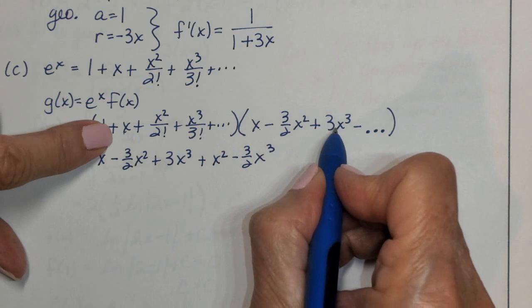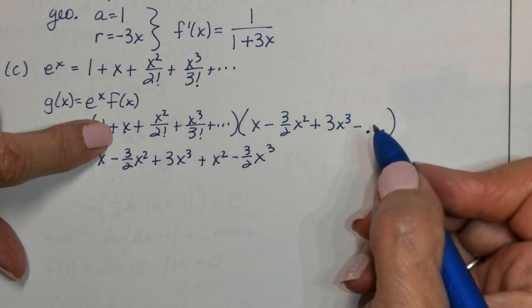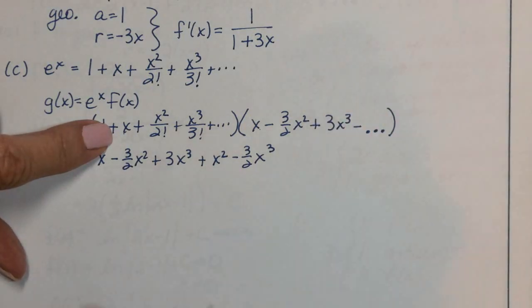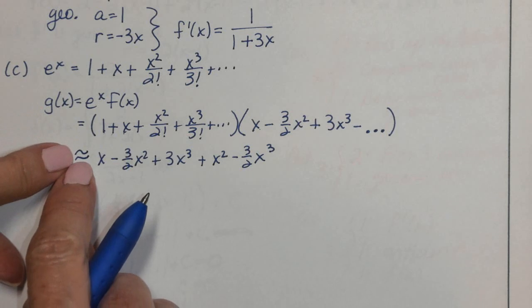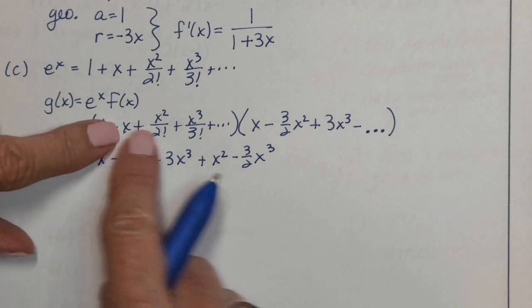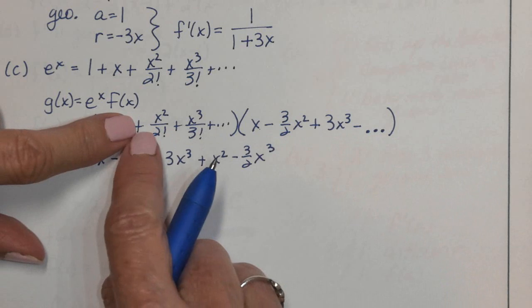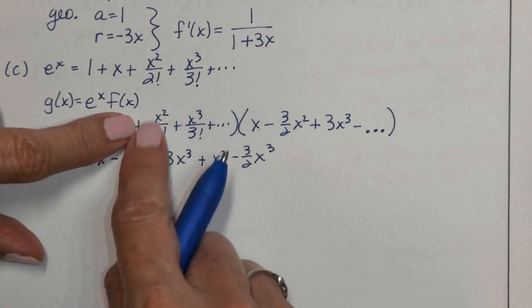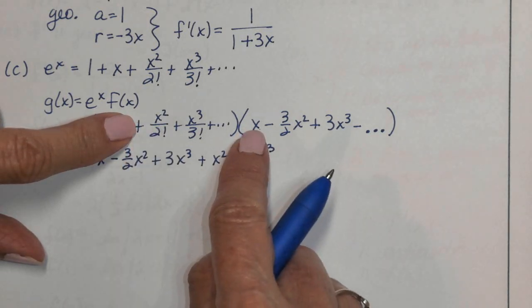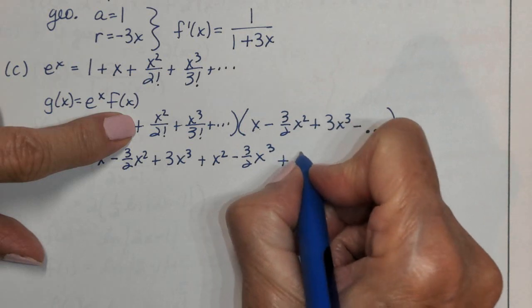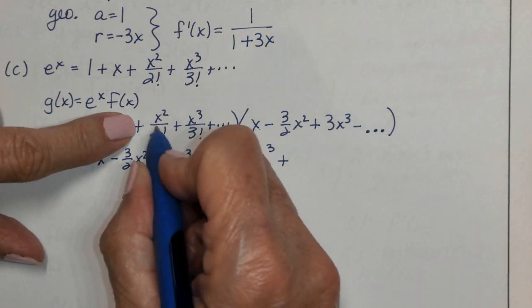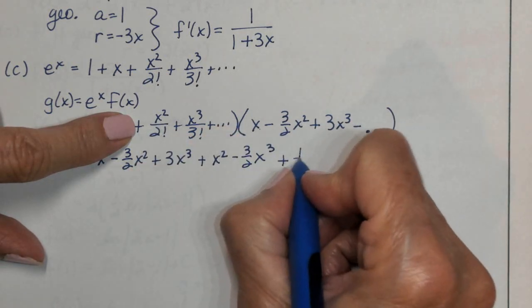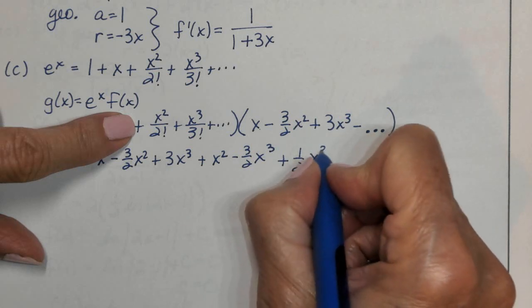x times the next one would be fourth degree. I don't want the fourth degree, so I'm just not going to write it. Hence the approximately equal to. Next term: this times this will give me an x cubed. So plus, I'm going to write this as 1 over 2 x cubed.